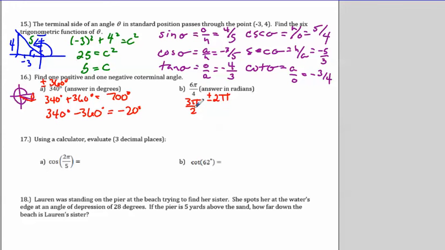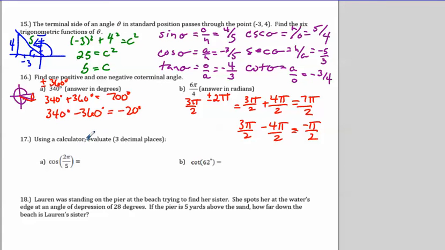So I'm going to use 3 pi over 2 plus or minus 2 pi. If I want to get a common denominator, I have 3 pi over 2 plus 4 pi over 2 to get 7 pi over 2. And 3 pi over 2 minus 4 pi over 2 gives me negative 1 pi over 2. So I have one positive and one negative.